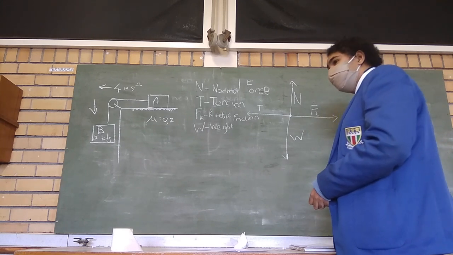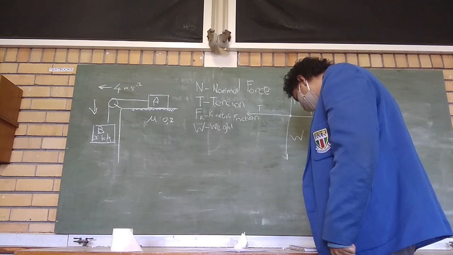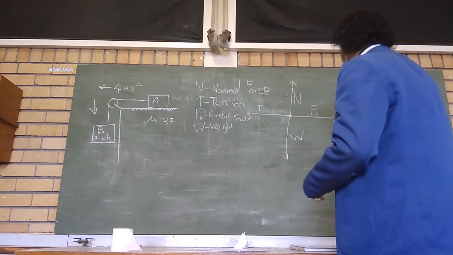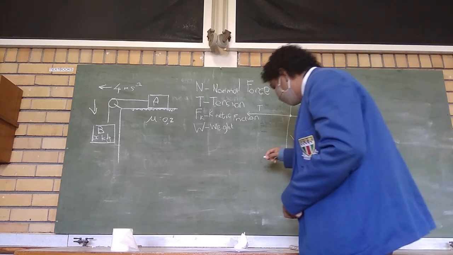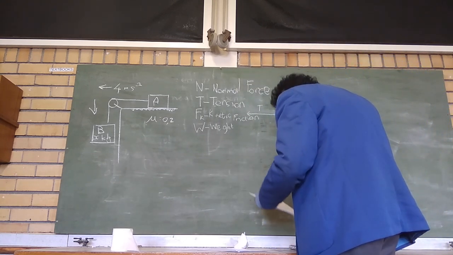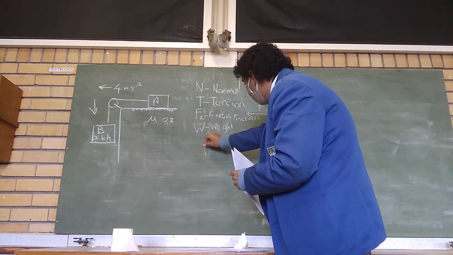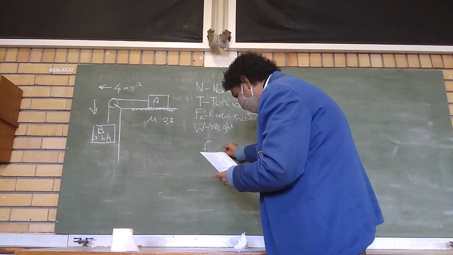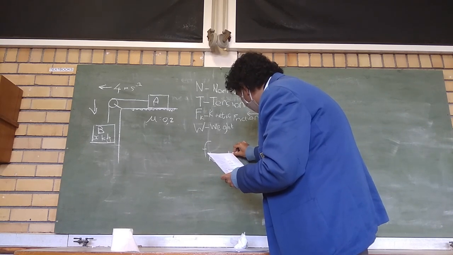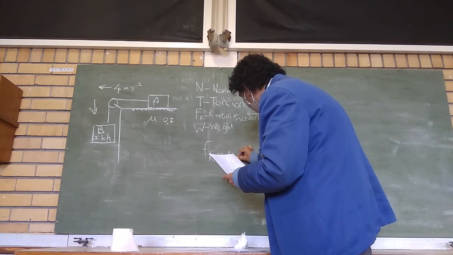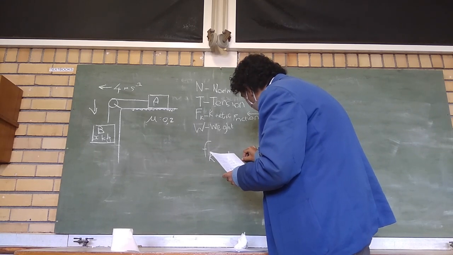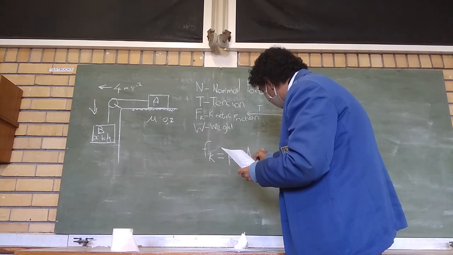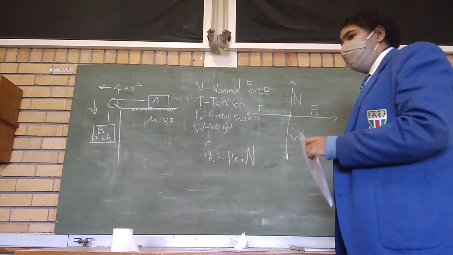2.1.3. Calculate the magnitude of the kinetic frictional force on A. So we start with the formula. Look at that, he puts the mu kinetic. Not just mu, mu kinetic, out of the data sheet.